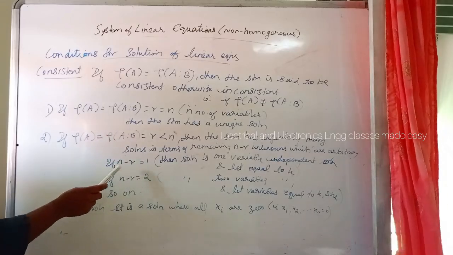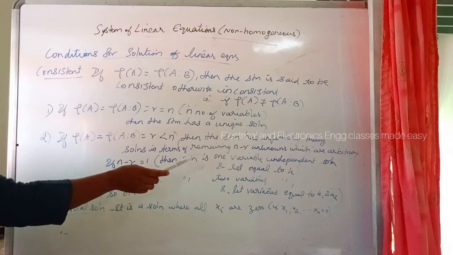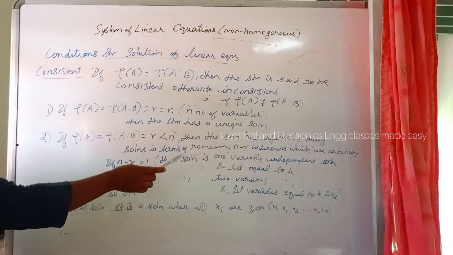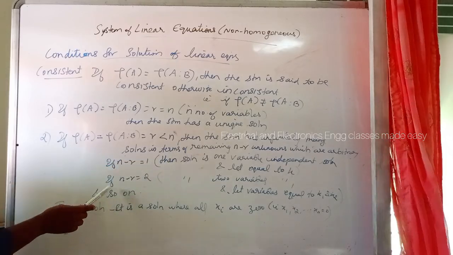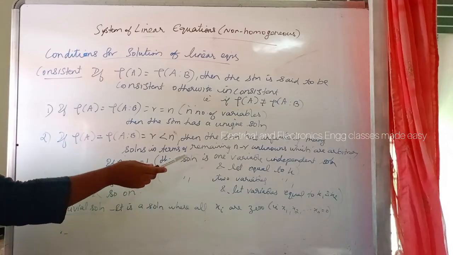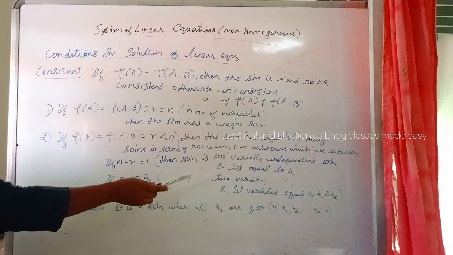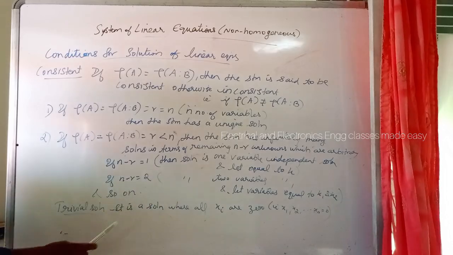That is, if n minus r is equal to 1, then the solution is a one-variable independent solution, and let the variable be equal to k. If n minus r equal to 2, then the solution is a two-variable independent solution, and let the variables be equal to k1 and k2, and so on.